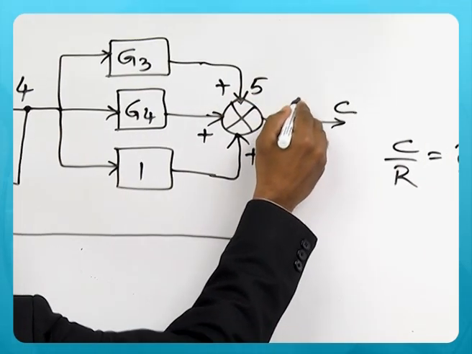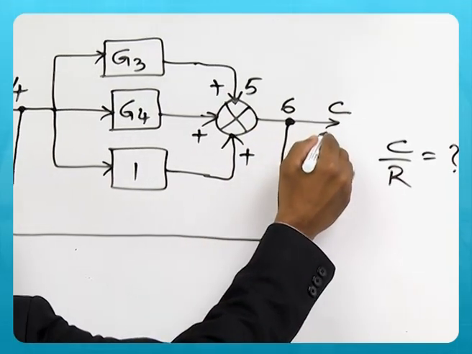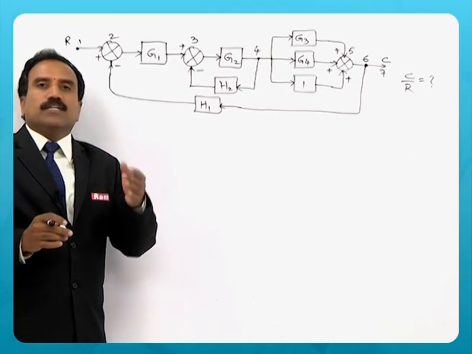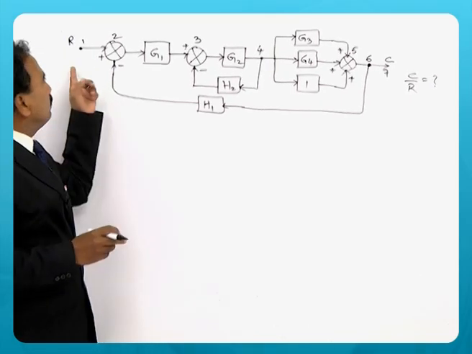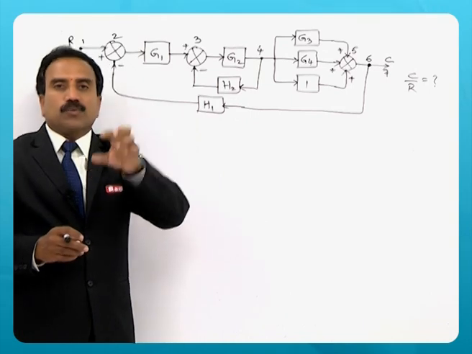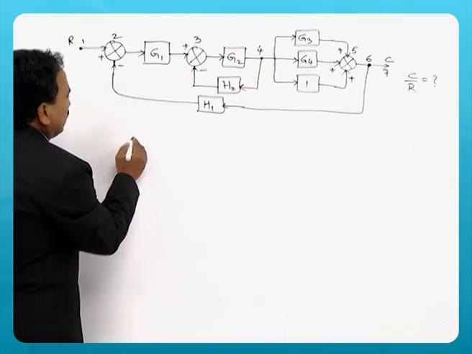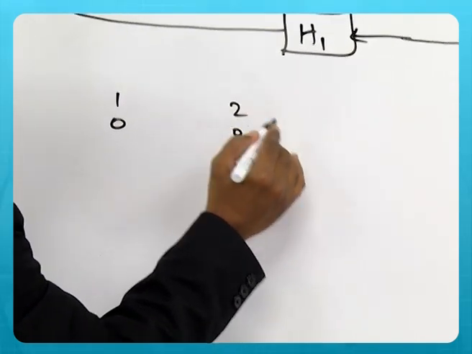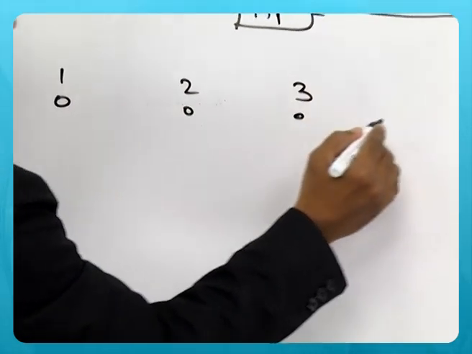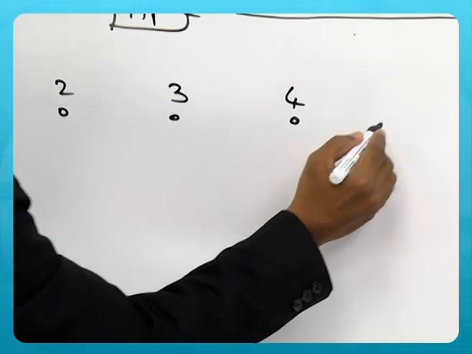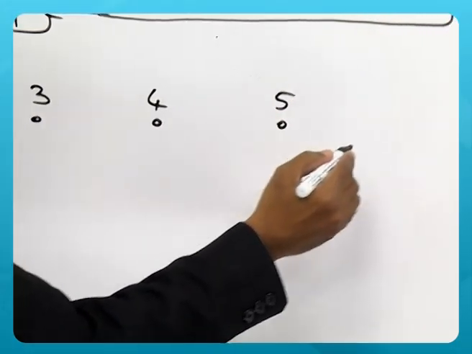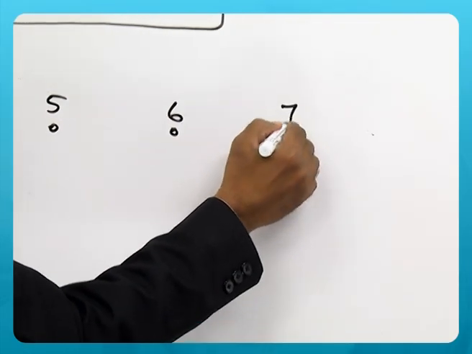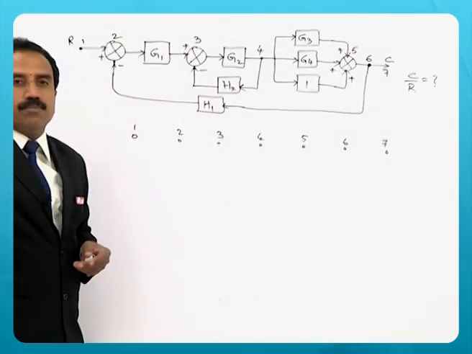There is a takeoff point 6 and output variable as 7. So represent summing points, takeoff points and input and output as nodes. Now represent here, start with 1, 2, 3, 4, 5, 6, 7. All the nodes are represented.